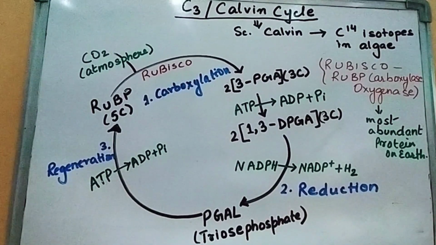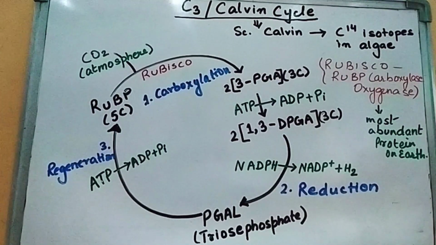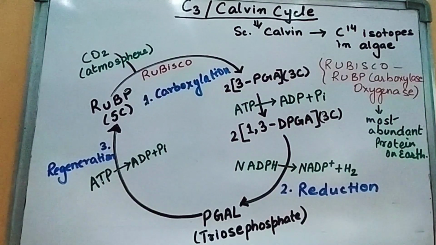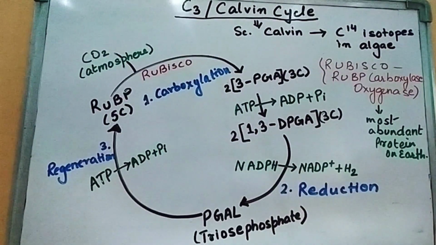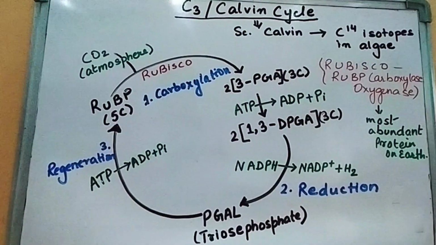Here carbon dioxide is fixed into the plant to produce the first product PGA, and the substrate is RuBP, that is ribulose bisphosphate, which is a kind of sugar or carbohydrate, a 5-carbon compound. So RuBP, with the help of the enzyme Rubisco, which is one of the most important enzymes, you have to know this.